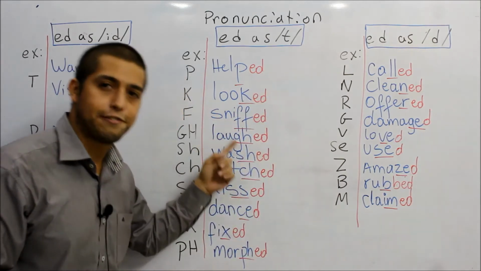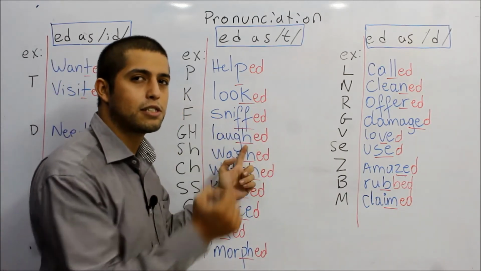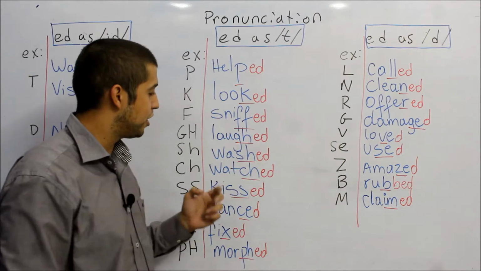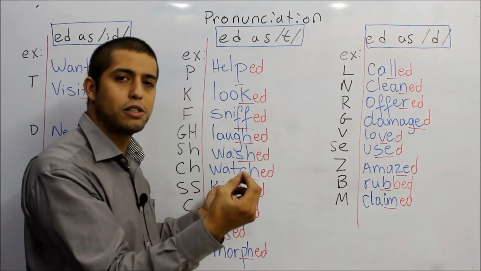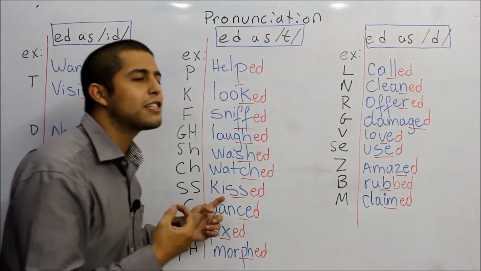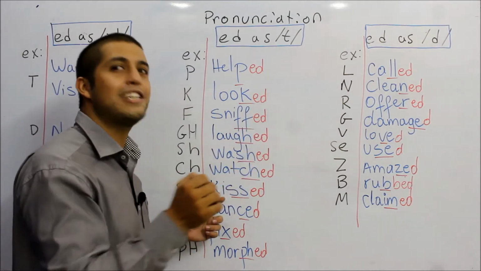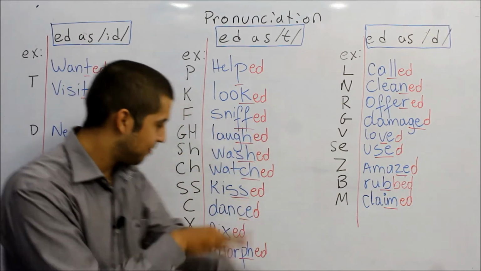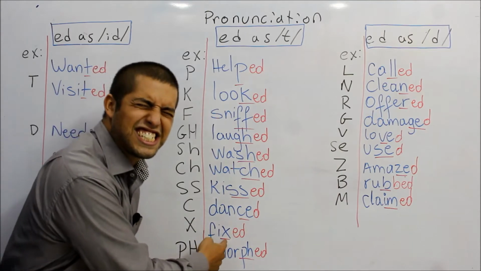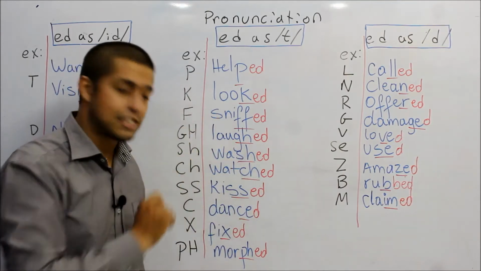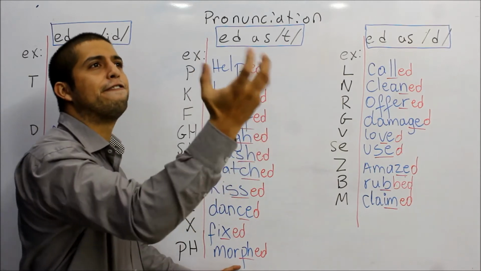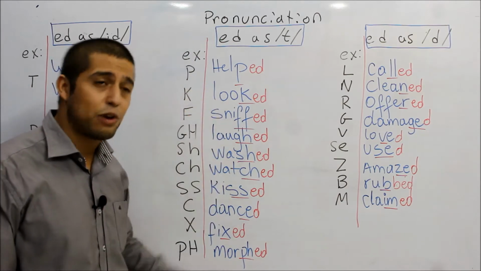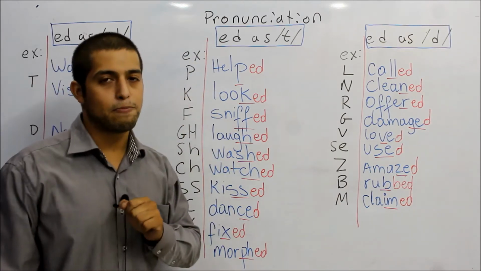Sniff, sniffed, laugh, left, wash, washed, watch, watched, kiss, kissed, dance, danced, fix, fixed, morph, morphed. So if you cannot sing the sound, it will be a t sound.